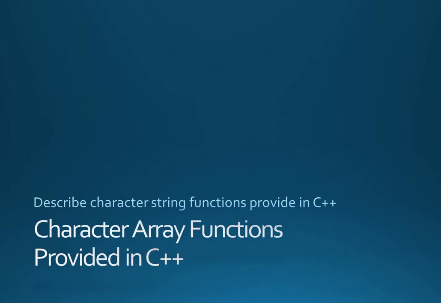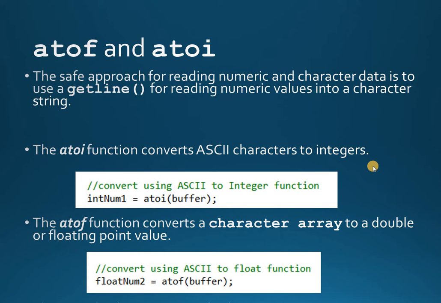I have a couple more things to say about this. You need to be a little bit careful because if your C string does not contain a number, say it contains your name, then atoi can't convert it to a number, and neither can atof, and it will return 0.